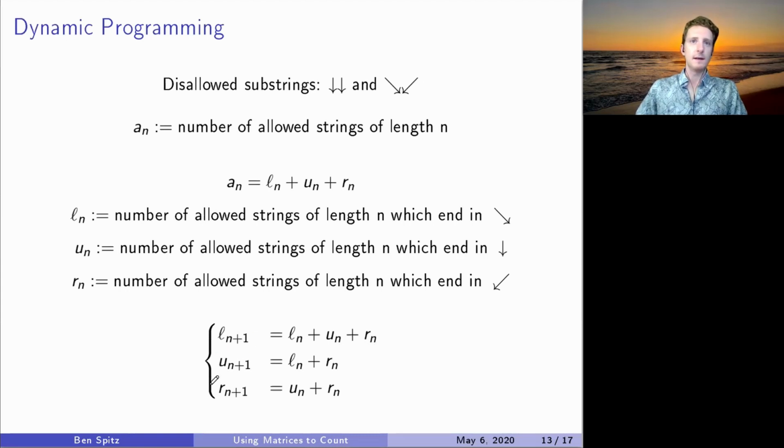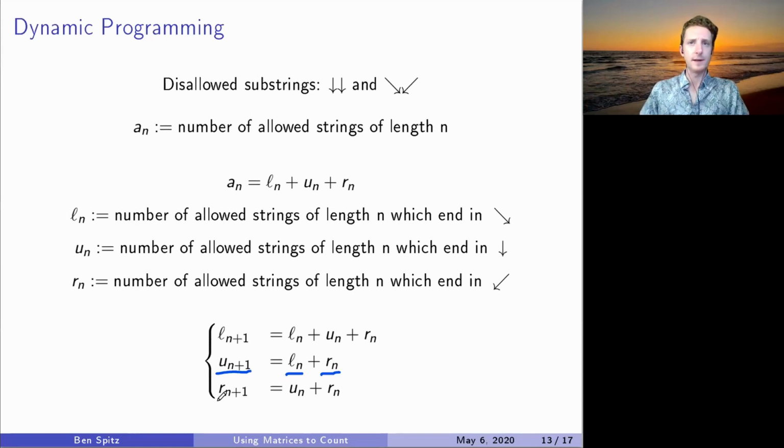In the case where I'm trying to create allowed strings of length n plus 1 that end in a straight arrow, the ways to produce those are only from the strings of length n that ended in one of the slanty arrows. Because if I had a string of length n that ended in a straight arrow, I can't insert another straight arrow after it. That would be disallowed.